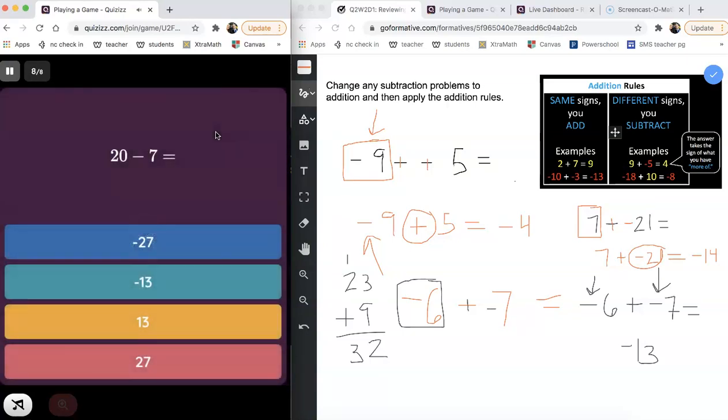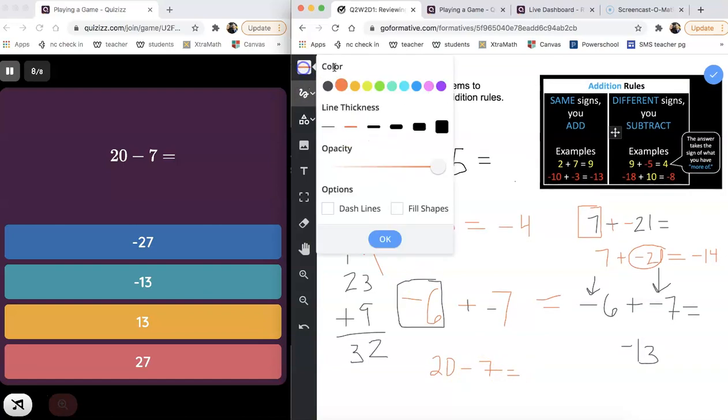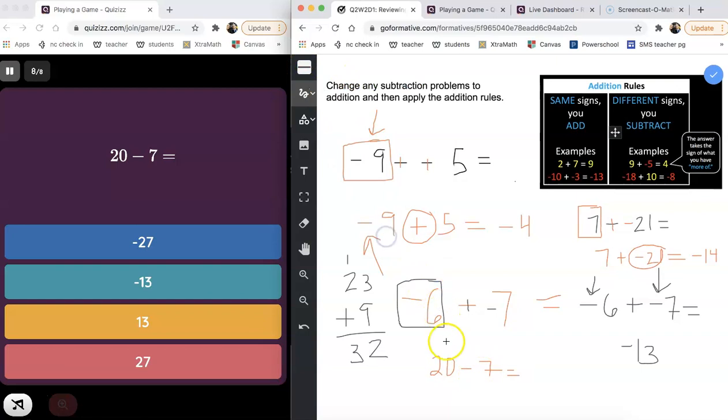All right, our last question. There's not an addition sign in between. This is subtraction. So I'm going to need to change this to addition. I didn't really leave myself a lot of room. This will still work. I'll just have to kind of carefully write this.